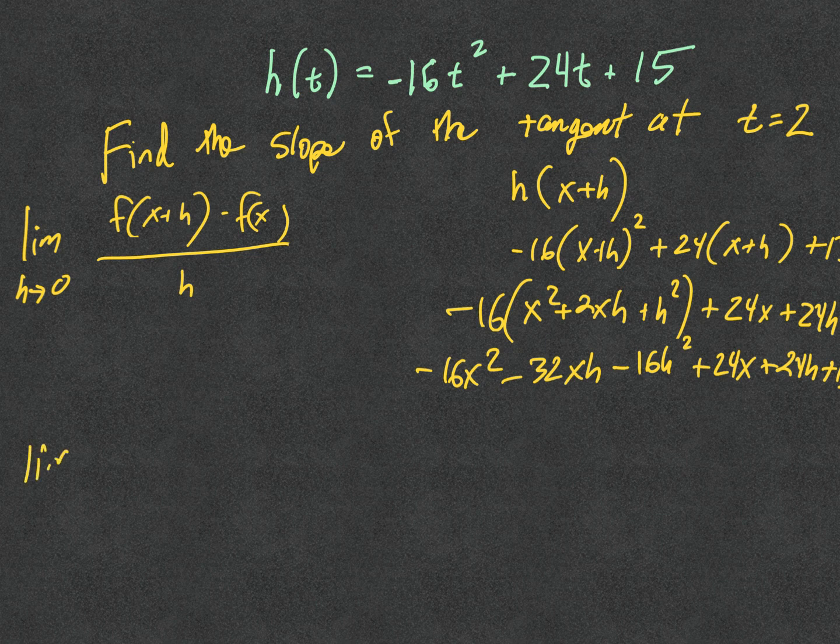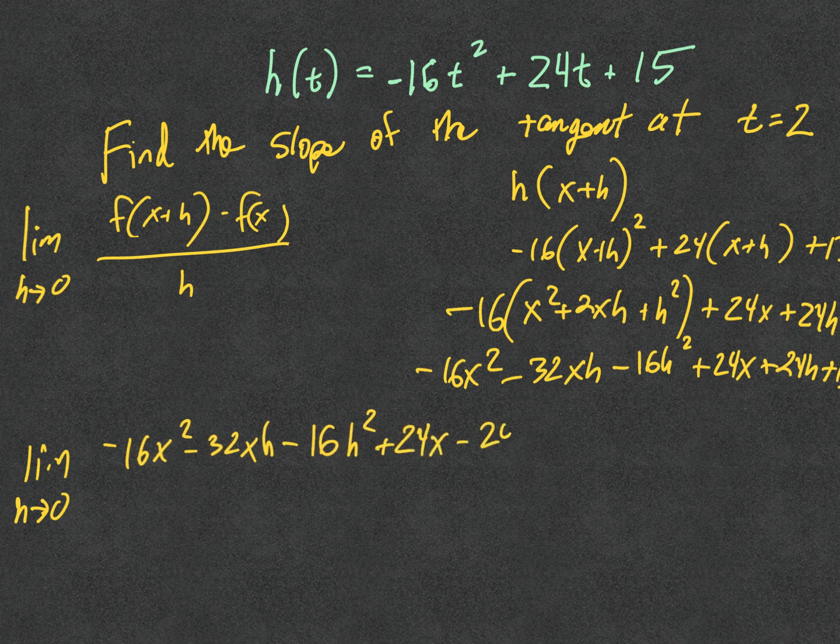So I will have the limit as h approaches 0 of all of that mess, negative 16x squared minus 32xh minus 16h squared plus 24x plus 24h plus 15. And then I'm going to subtract f of x. So it's minus a negative, so positive 16.